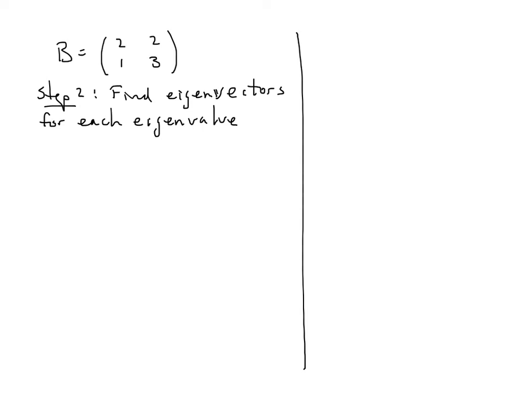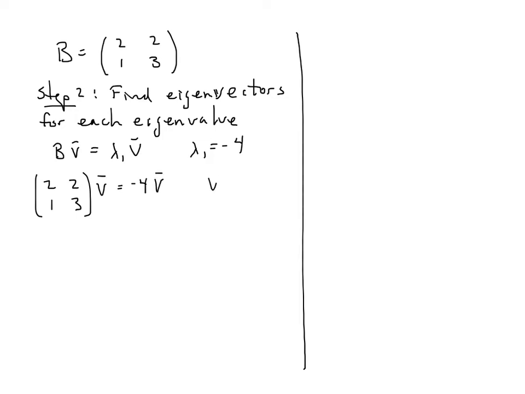So in this case, we know that B times v, we're going to use the first one, lambda 1. So we're going to try to find eigenvectors corresponding to that. Filling in our numbers, remember lambda 1 was equal to 4. We just found that. And so we have 2, 2, 1, 3 times v is equal to 4 times v.